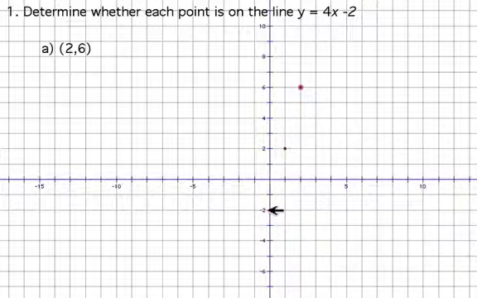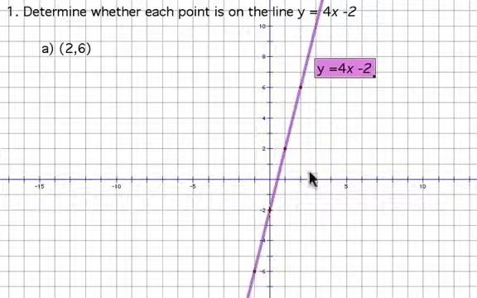We could also go down 4, which is -4, and to the left 1, so that's -4 over -1, and -4 over -1 is just 4 as well, so we can plot a point down 4 and to the left 1. And we can graph the line, and so this is our graph of y equals 4x minus 2.